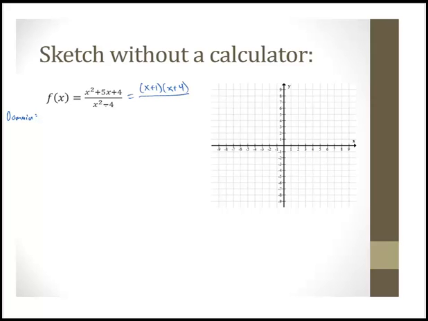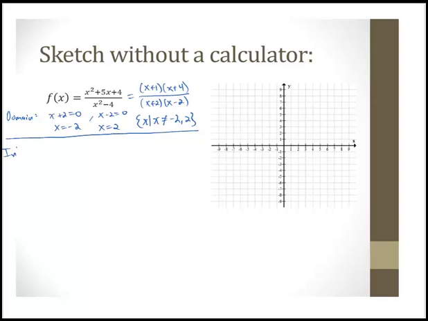The denominator, x squared minus 4, factors as x plus 2 by x minus 2. So the domain, setting the denominator to 0, I can't have x plus 2 equals 0, so x equals negative 2. I can't have x minus 2 equals 0, so x equals 2. So for my domain, we have the set of x such that x is not equal to negative 2 or 2.